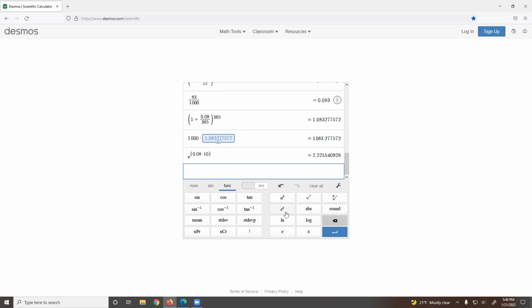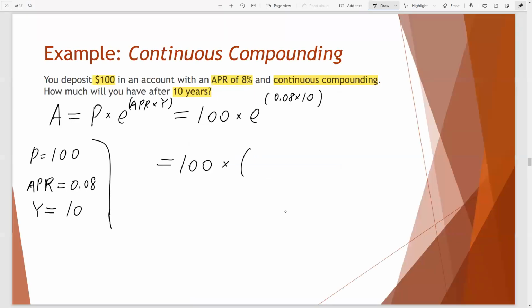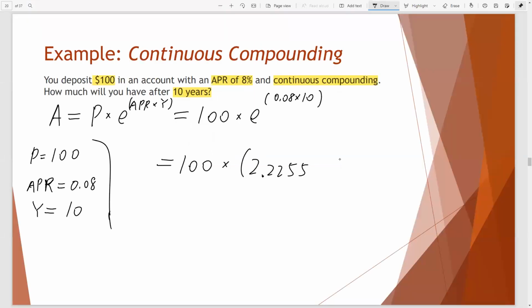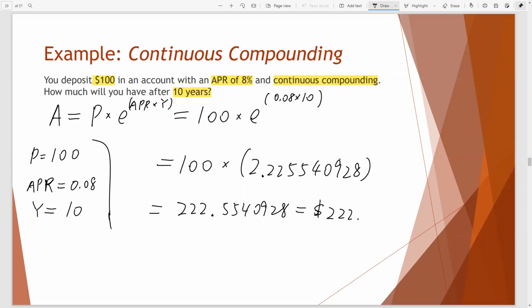You get 2.2255, and times 100 that's 222.554098. If you keep it as money, as the final result, that's $222.55.